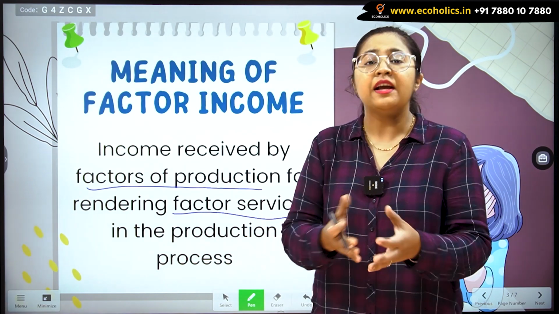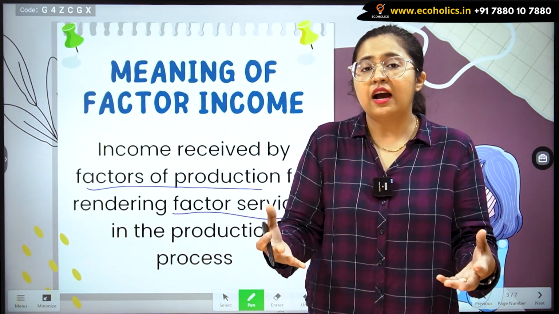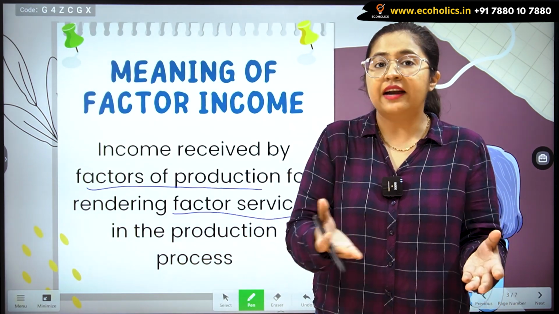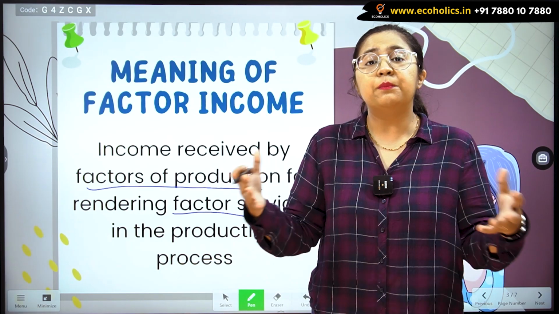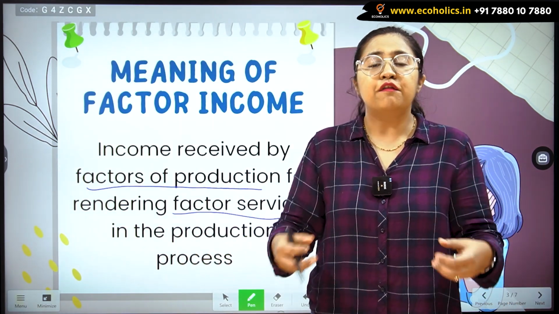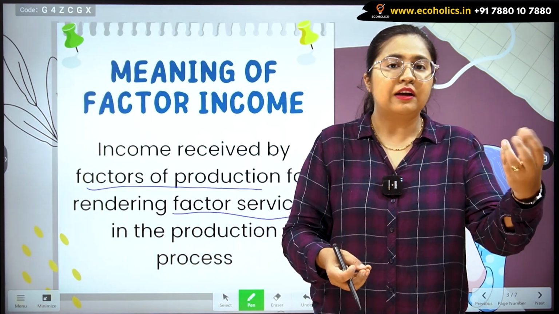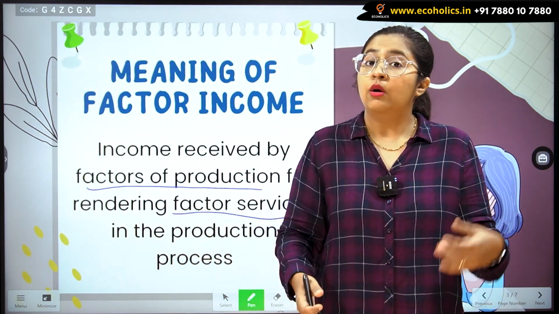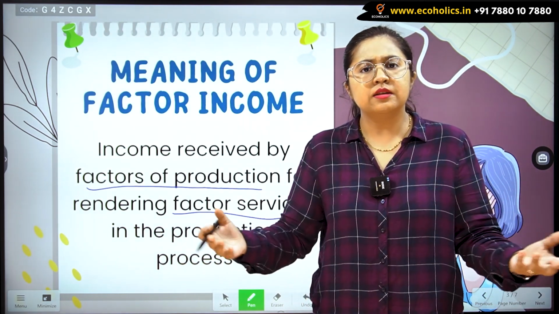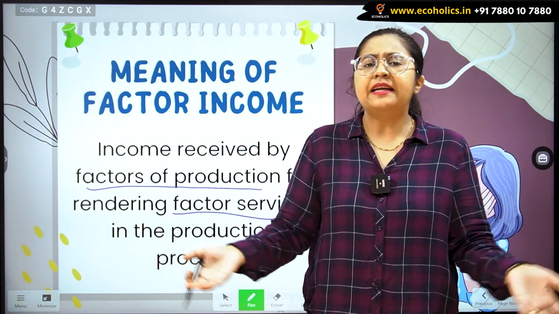So for example, if we talk about land, land gives us rent, and rent is known as factor income because land provides us space for building, for construction, for farming, agriculture, poultry, services, roads, investments, plenty of things.